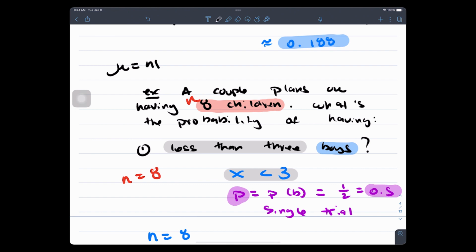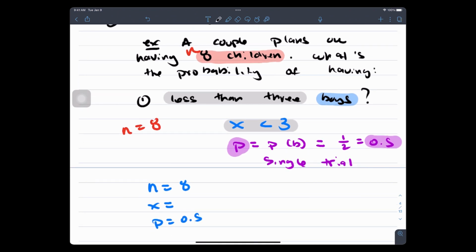Mu is np because this is a binomial. n is 8. What's little p in the children setting? It's 0.5, the probability of a success for a single trial.